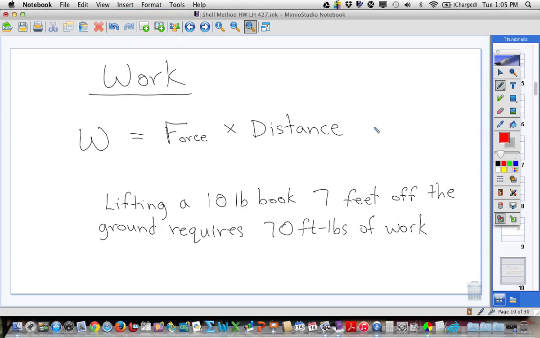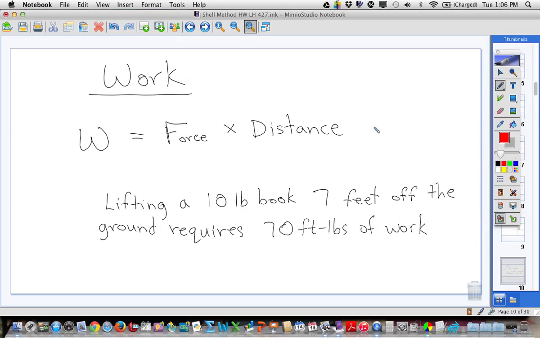So when you do this problem here, technically, when I take a book that weighs 10 pounds on the floor and I lift it over my head, it weighs less when I get it up over my head. Now, it might be in the 700th decimal point, but, right? And so in high school physics, they would just ignore that difference.